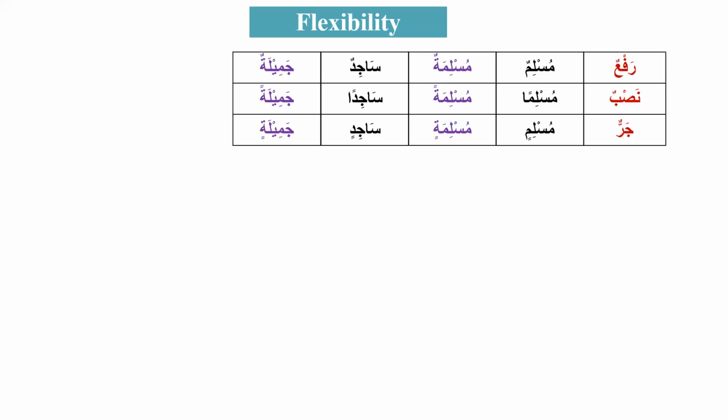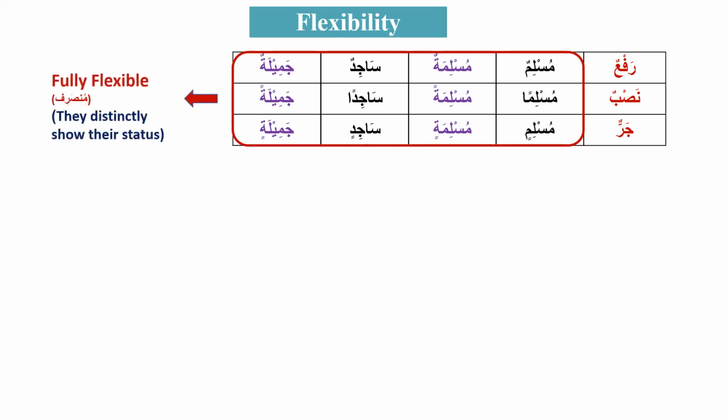They're very different in rafa, nasab, and jar status. So all of these words were very different in their rafa, nasab, and jar status, and there should be no confusion in telling the status.